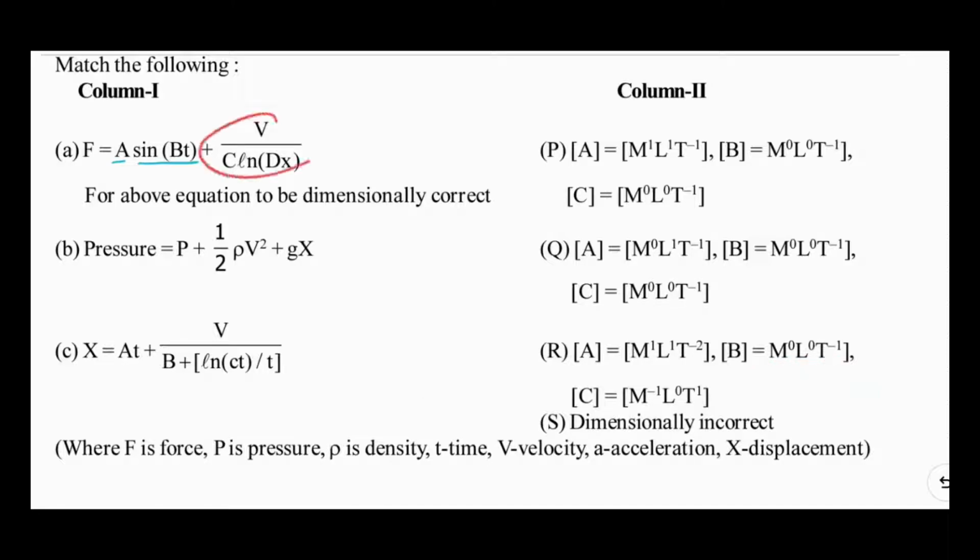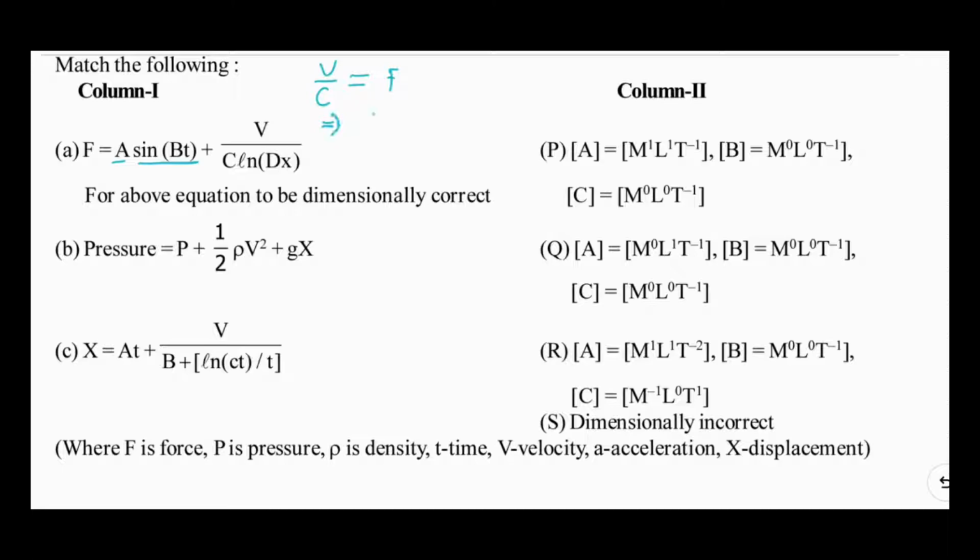Now if you observe the third part, here we have V by C into ln dx. We need to give the dimension of C. Now V is given as velocity and there is a ln term. The log of anything is dimensionless. So V by C should have the dimension of force.